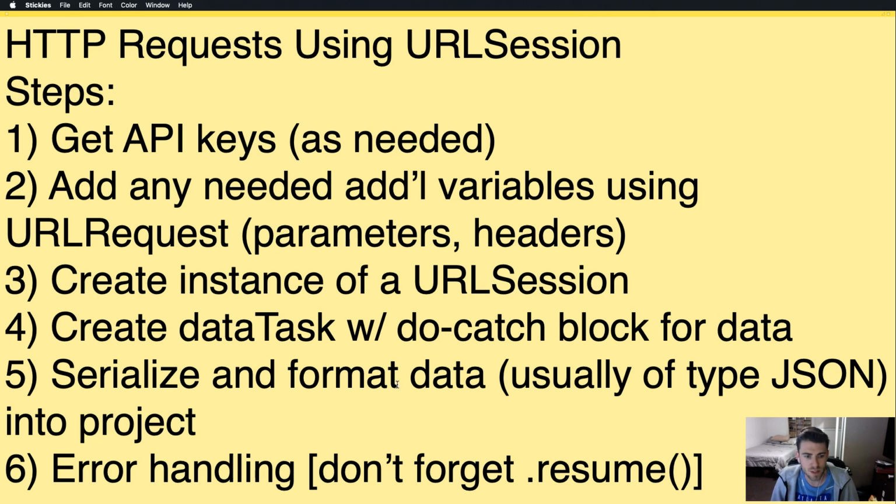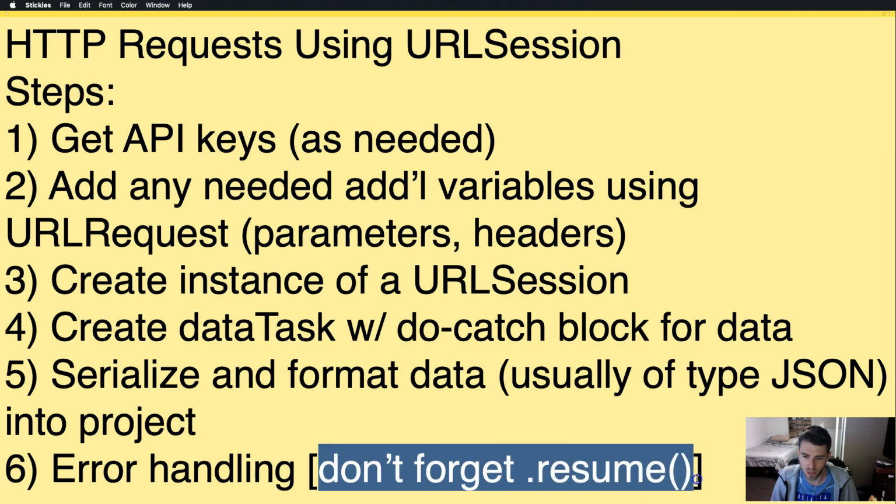And then we serialize and format the data, usually a JSON, sometimes it's a string, if it's just one value that you get back. And we're going to do error handling, and then I always forget this, so I just added it, is .resume at the end of the function, because you don't think to put that at the end of a completion handler.